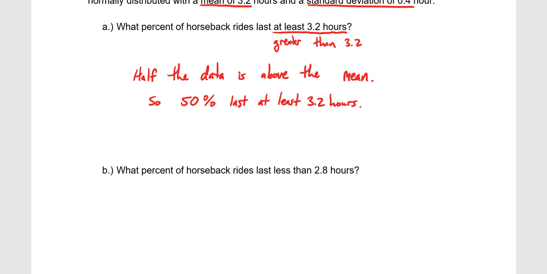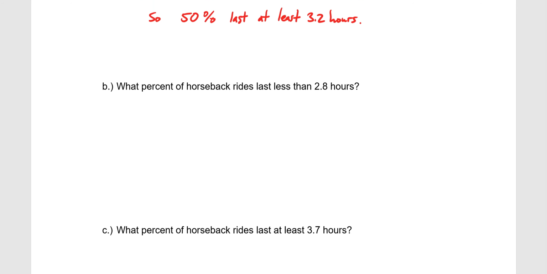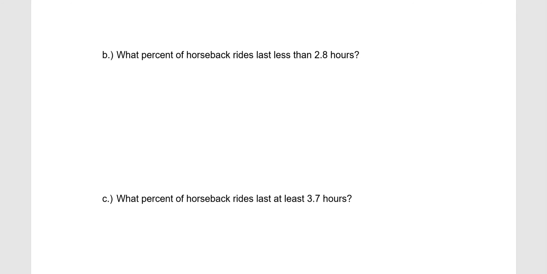What percent of horseback rides last less than 2.8 hours? So drawing this out, we have a mean of 3.2, and 2.8 is obviously going to be less than 3.2. And if we're looking for less than 2.8, that's going to be to the left because it's less than.